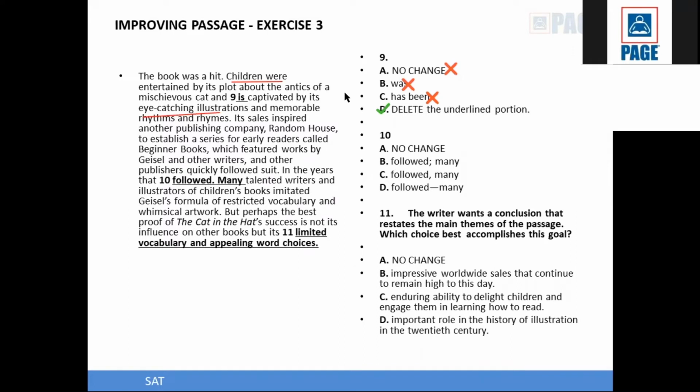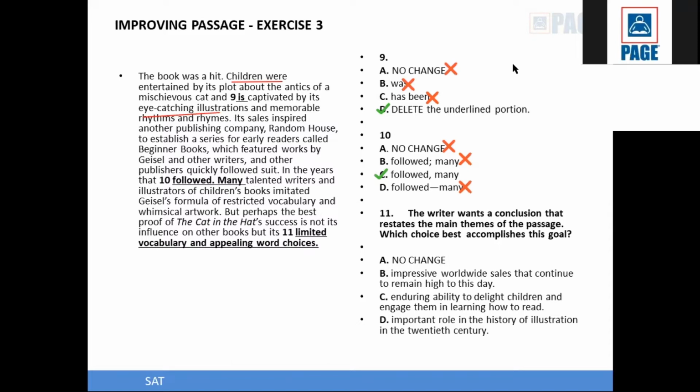So it cannot be B. And A cannot be the answer because it doesn't make any sense. The sentence is not complete. And if you use a hyphen, then you are going to speak more about "followed," so this also is wrong. So whoever gave the answer C, C is the right answer. In the years that followed, comma, many talented writers and illustrators of children's books imitated his formula.